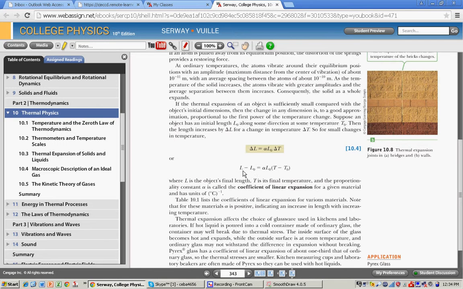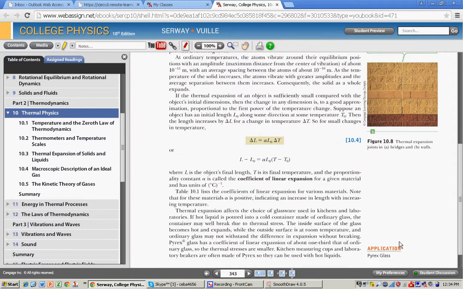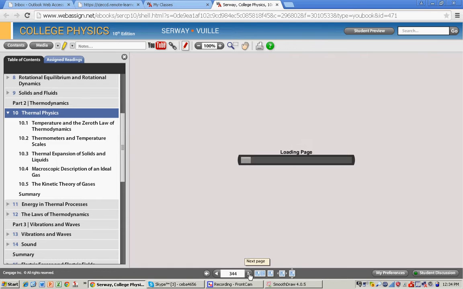And we found that the expansion delta L, where L naught is the original size of that rod, and delta L is how much that rod expanded, is equal to a coefficient that depends on the material, times the initial size, multiplied by the change in temperature that was given in order to allow for expansion.